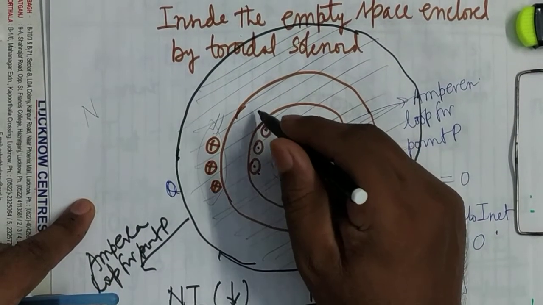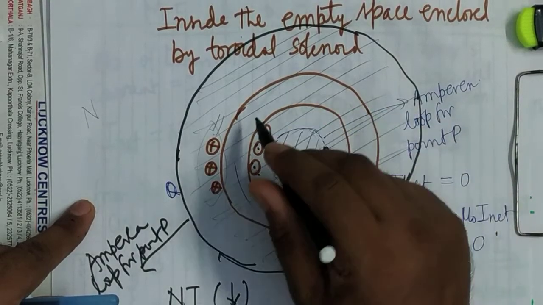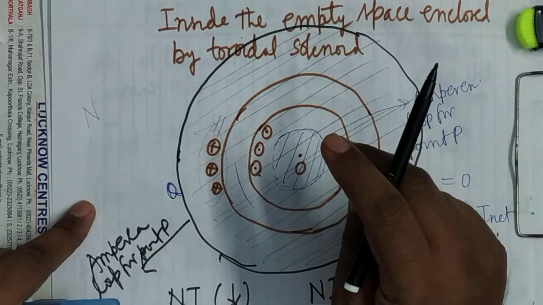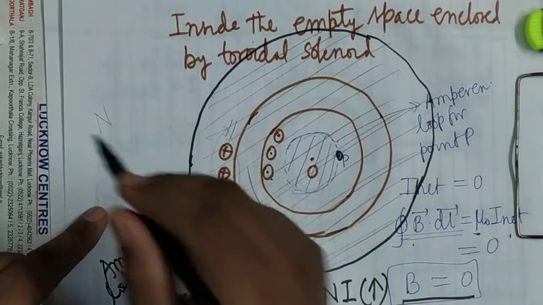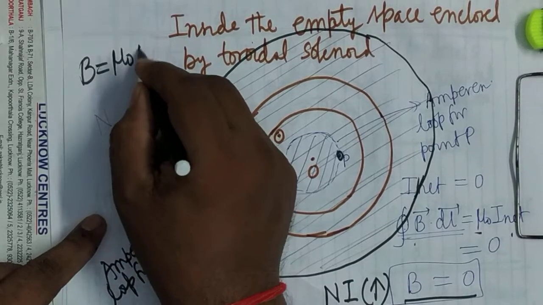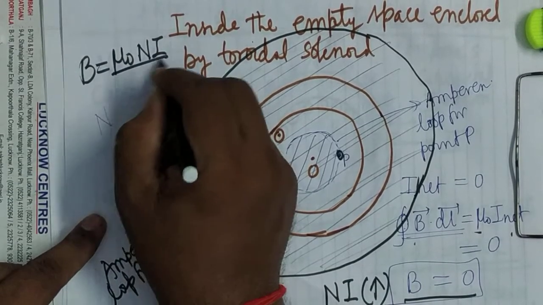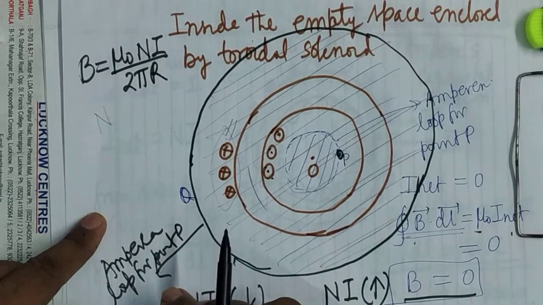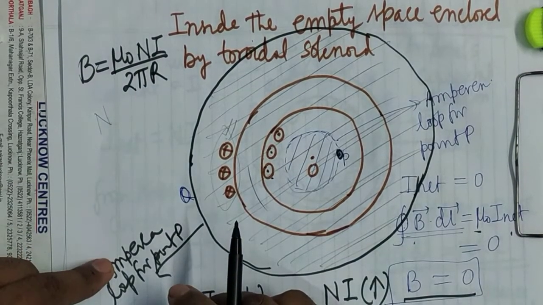Magnetic field will be present within the core of the solenoid in the form of concentric circular lines. It's clear? And what will be the magnetic field? It will be equal to mu naught NI upon 2 pi r, where r is the average radius of the thin toroidal solenoid.